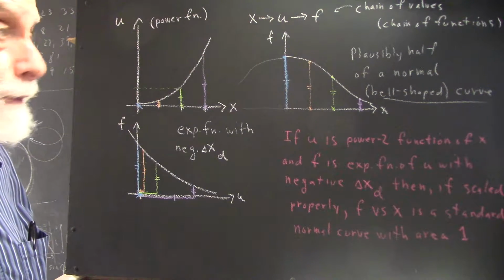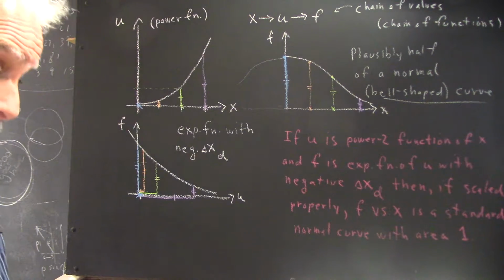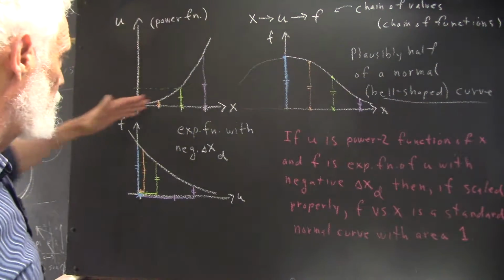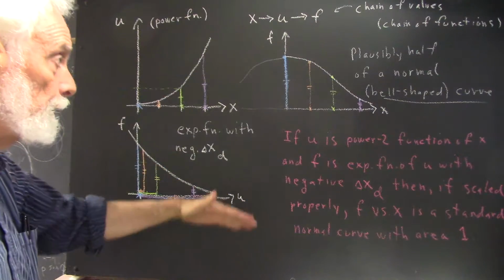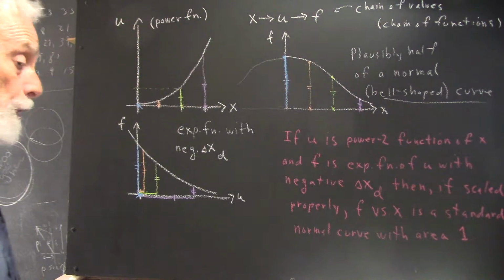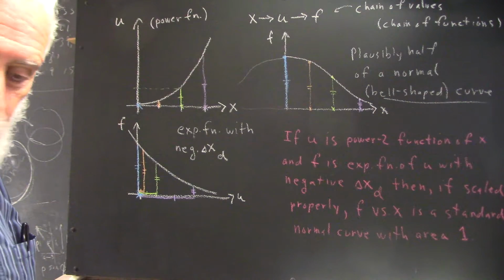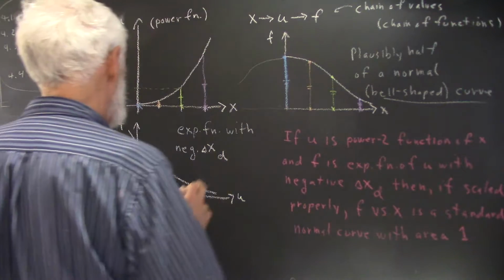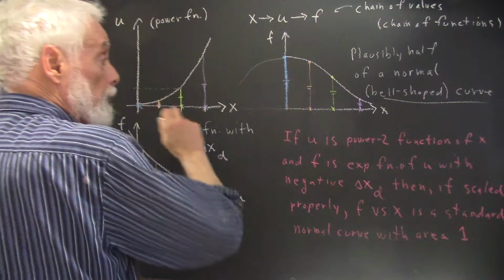Now I can't restrain myself from adding something here. You have a chain of functions. This function chained with this function gives you this function. And another way of saying that is that f is a function of u, which is a function of x.